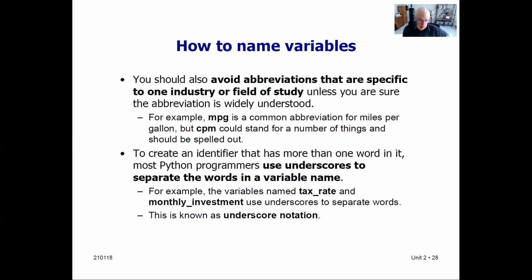Most people will know that MPG is miles per gallon. That's okay. But how about CPM? Cost per million, customer perimeter measurement. I mean, I'm just making stuff up. I don't know what CPM is. It could be lots of things. So what does CPM stand for? I have no clue. That is not a meaningful name for a variable.